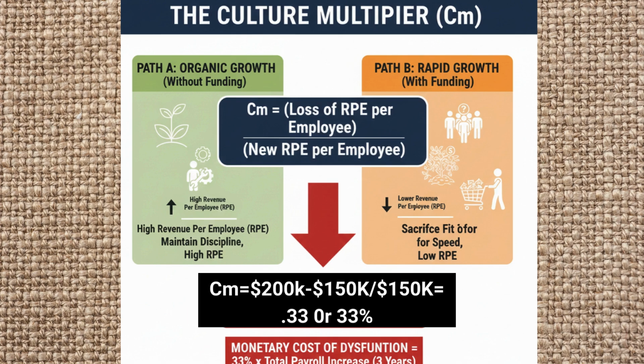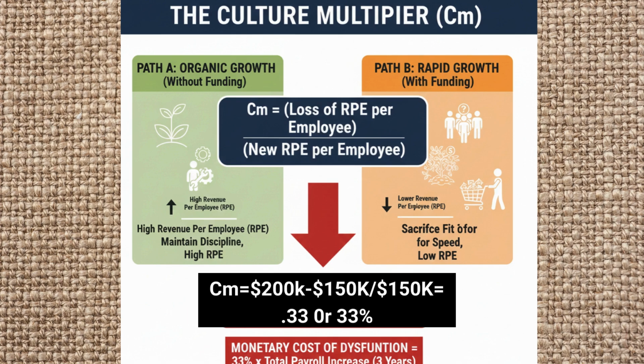So how is this calculated? A simple mathematical formula could be that the cultural multiplier is nothing but the projected revenue per employee without funding divided by the projected revenue per employee with funding, which is basically due to fast hiring. And this percentage or this factor minus 1.